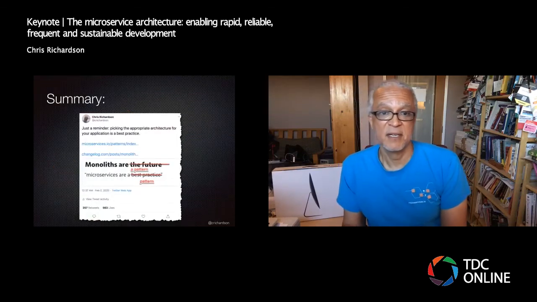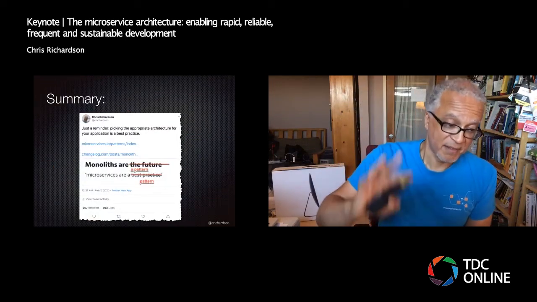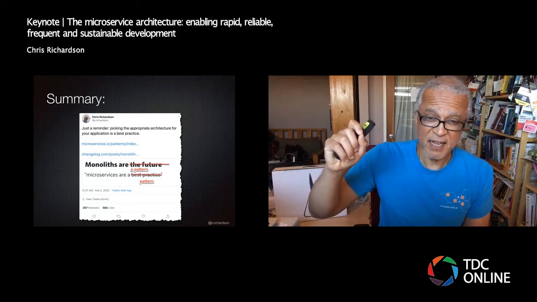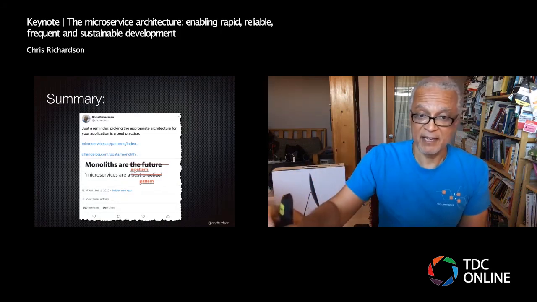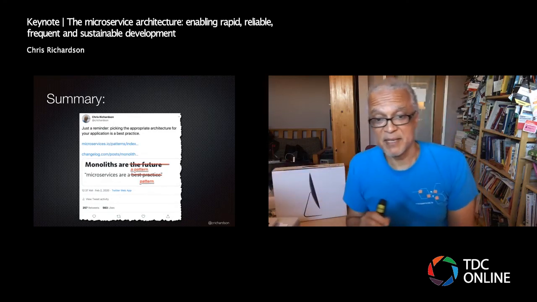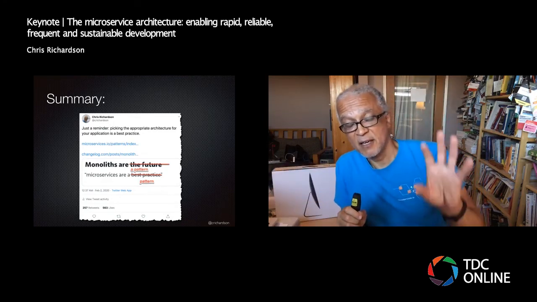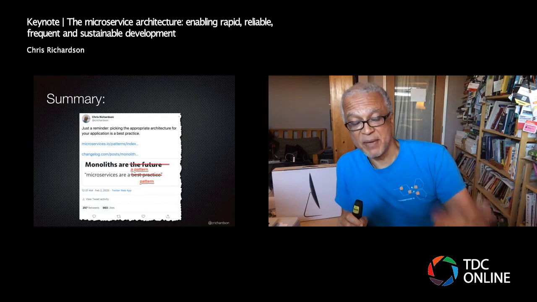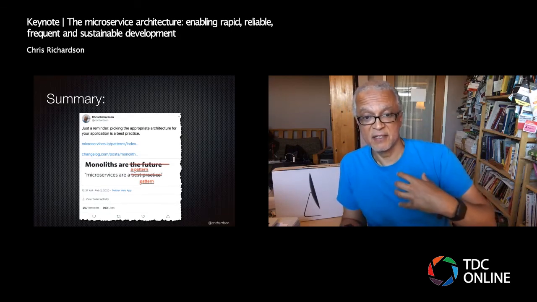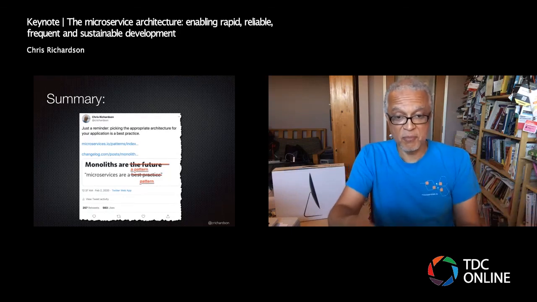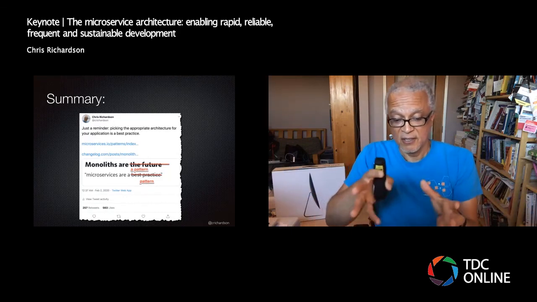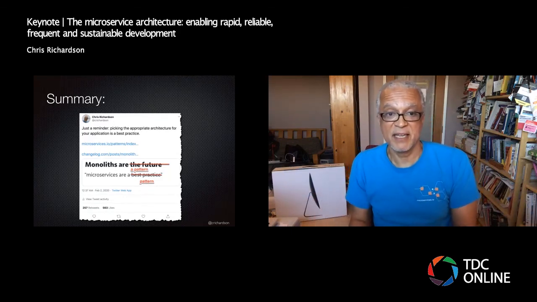So in summary, that's my talk. Monoliths are not the future. They're a pattern. Microservices are not a best practice. They're a pattern. Which one you should use depends on the context. As an architect, it's your job to choose the most appropriate architecture for a given application.